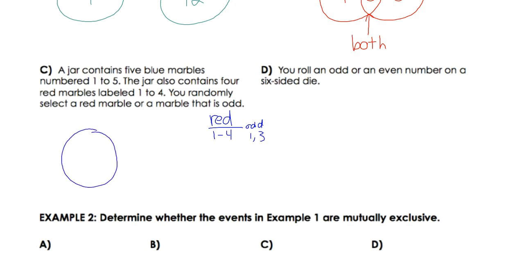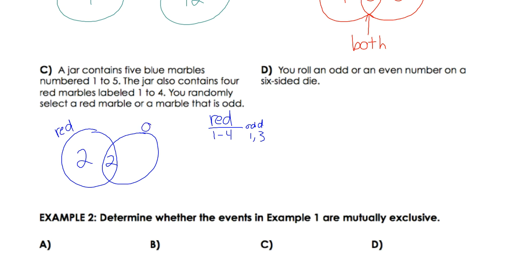When I draw my Venn diagram, I've got 2 marbles, red 1 and red 3, that are both red and odd. So I've got 2 that fit in both categories. Now, if I think about what's left in the reds, there are 4 total. We've already accounted for the 2 odd ones, which leaves 2 that were even.